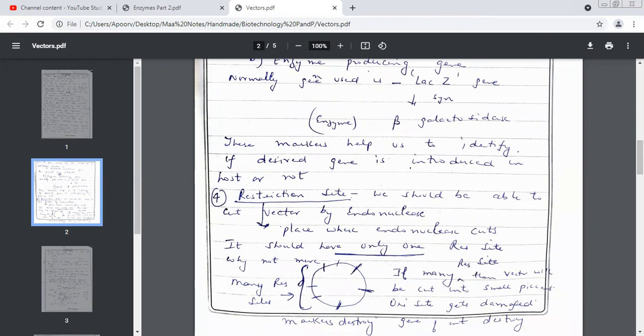So what is the first basic requirement of a vector? We are doing the requirements of vectors. Which was the first characteristic needed for a vector? It should be able to replicate. Yes, it should be able to replicate. Second was?